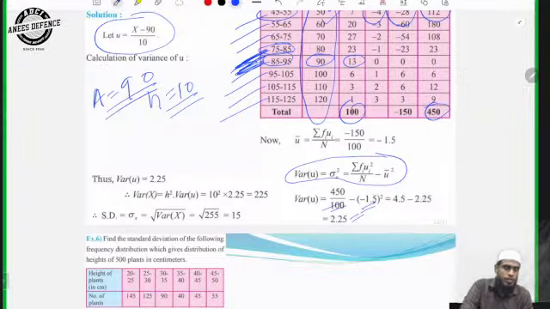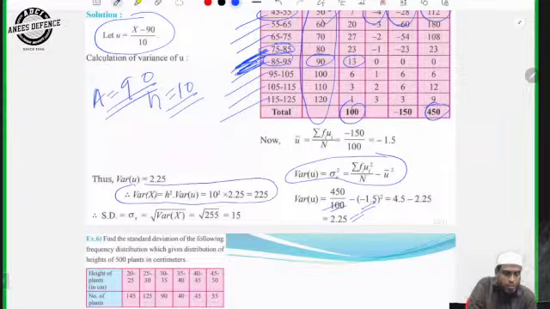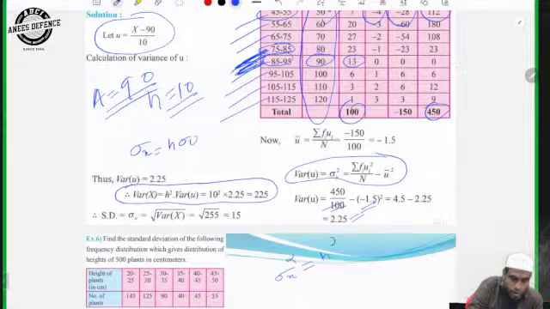So this is the case of change of scale. If you have to calculate without change of scale, sigma x: sigma x is equal to h into sigma u, or sigma x square is equal to h square into sigma u square.